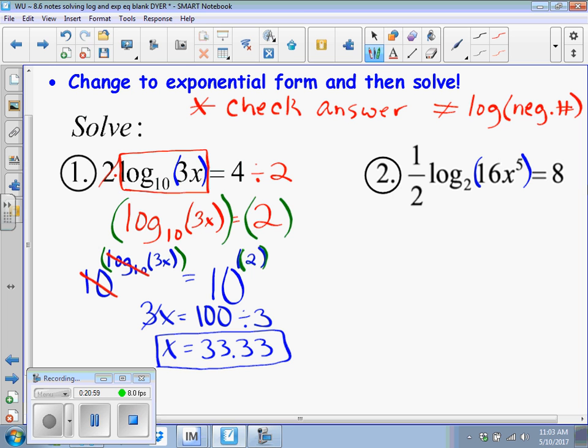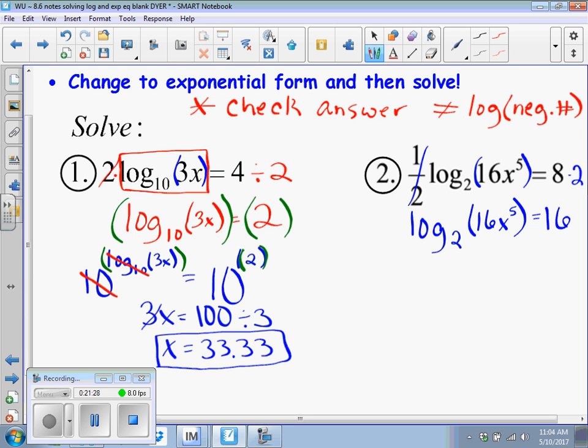All right. So for number 2, we're trying to get log base 2 of 16x to the 5th by itself, right? And so I need to get rid of this 1/2. How do I do that? Multiply by 2. When I multiply by 2, it gets rid of the 1/2. So I have log base 2 of 16x to the 5th equals 16.